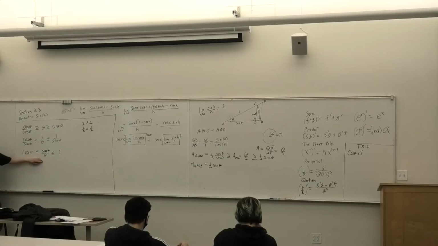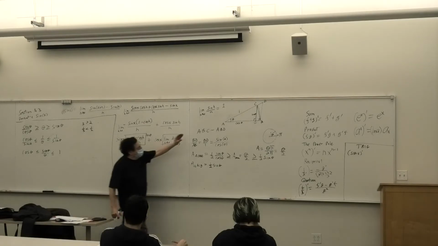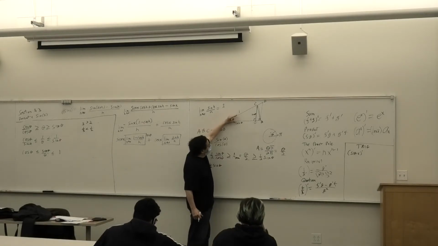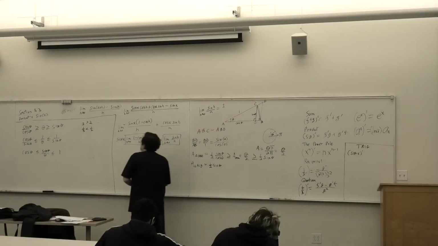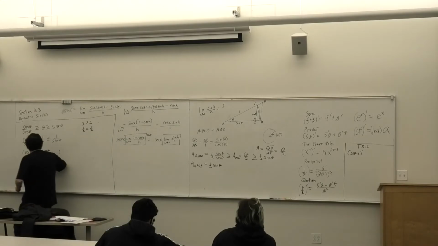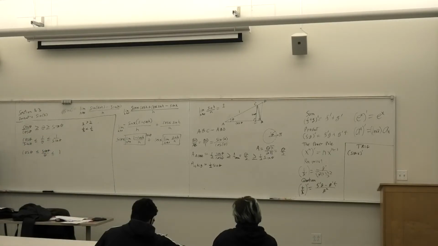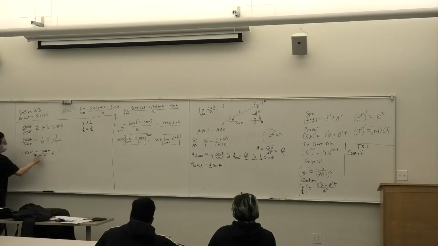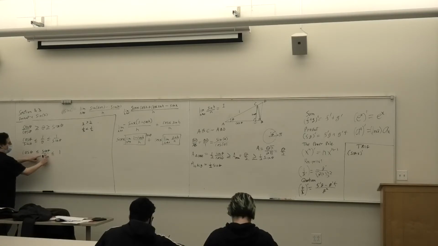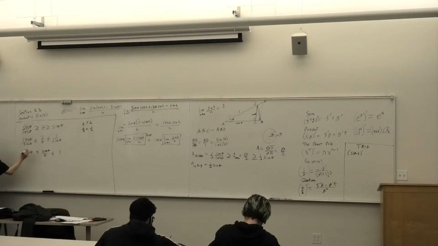Okay, so now I have this inequality that for small theta, as theta gets smaller, this is going to be true. So now I invoke the squeeze theorem. These are my two functions that this is always between. And let me find the limit as theta goes to 0.